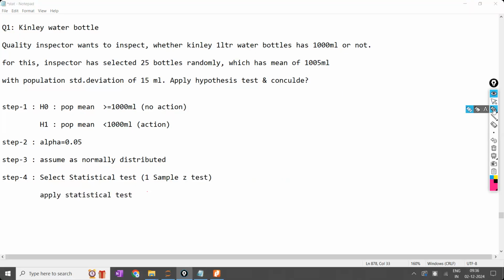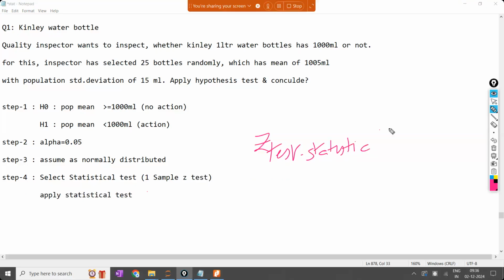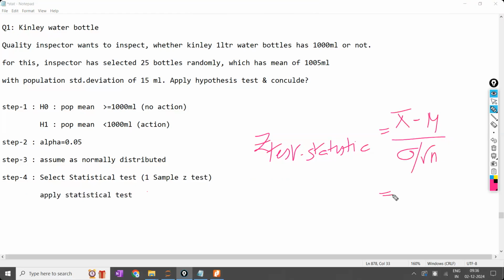First you have to calculate the Z test value, that is test statistic value. How to calculate test statistic value? Test statistic value is equal to x bar minus mu divided by sigma by square root of n. So what is the x bar value? This is the x bar value, 1005.